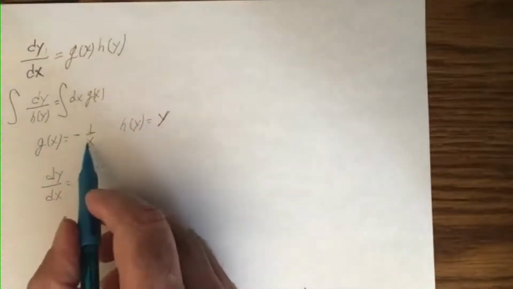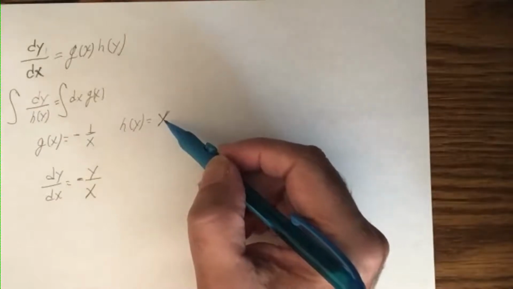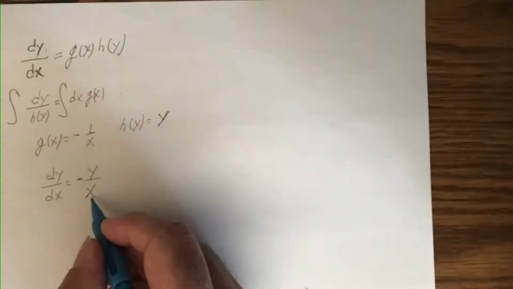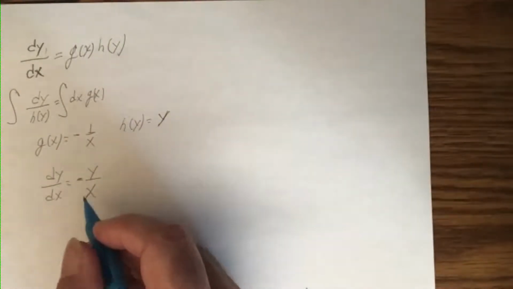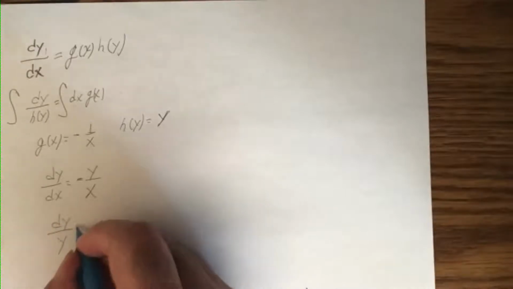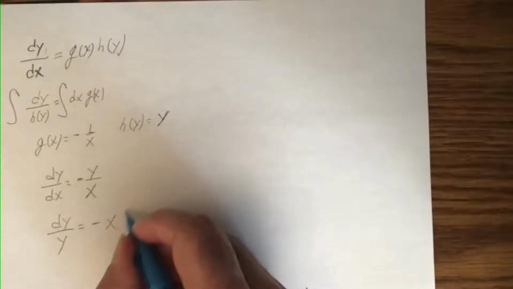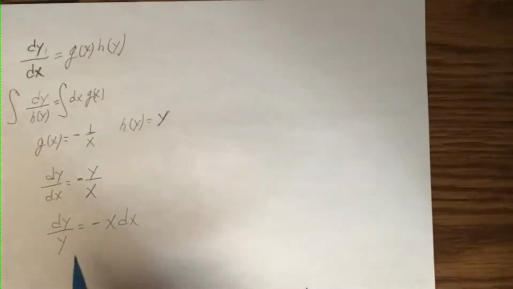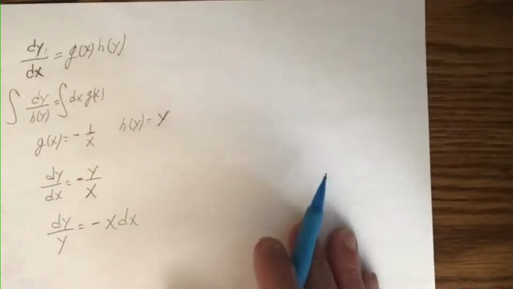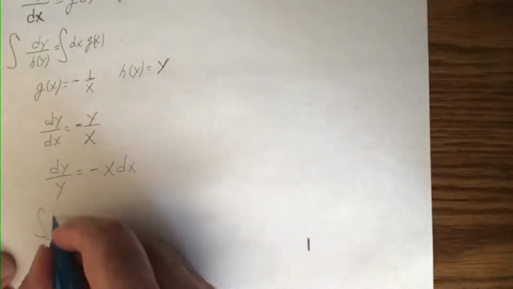This is a separable differential equation. I could put the y here, put the minus sign here, and make this x dx. So I separated: I got the y on one side with the dy, and the x on the other side with the dx. And now I can integrate both sides.